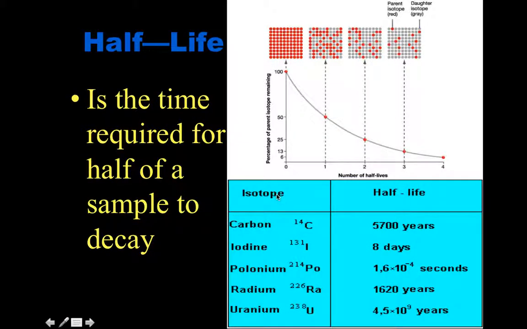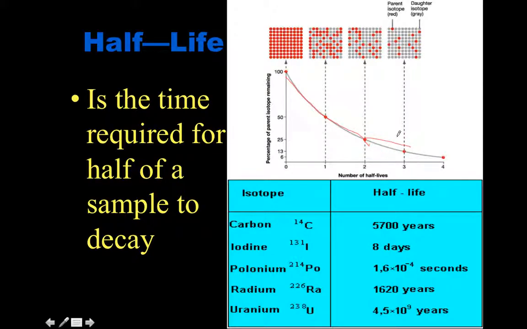All right. Now, let's talk about half-life. Half-life is the time it takes for half of an element or a sample to actually decay. Okay, so you can see on this line that it shows half-life, half of it to decay, half of it to decay, half of it to decay, and so forth.